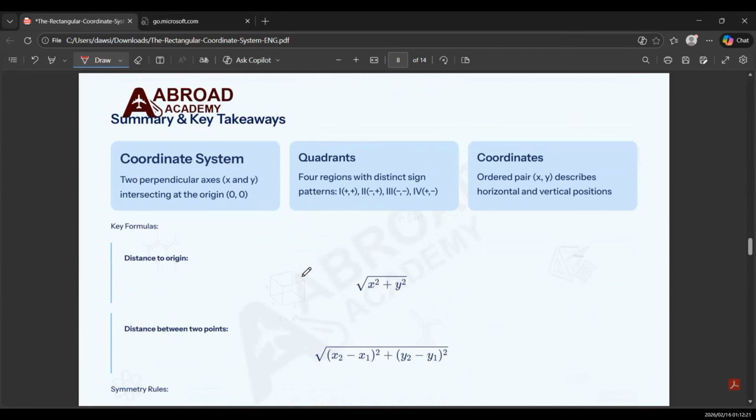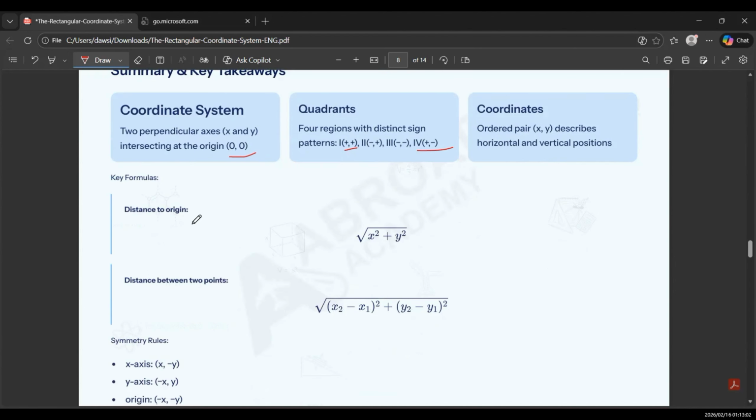Here is a summary of the key takeaways. Coordinate systems have two perpendicular axes, x and y, intersecting at the origin (0, 0). Quadrants are four regions with distinct sign patterns: the first is plus plus, the second is minus plus, the third is minus minus, and the fourth quadrant is plus minus. Coordinates are an ordered pair (x, y) describing horizontal and vertical positions.